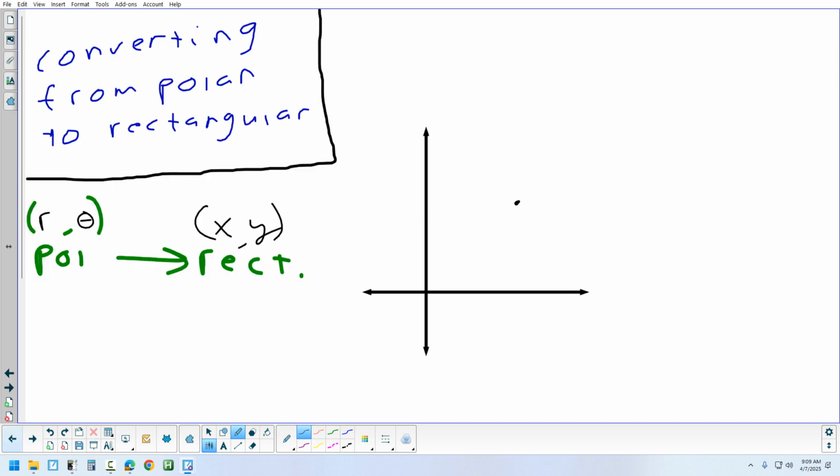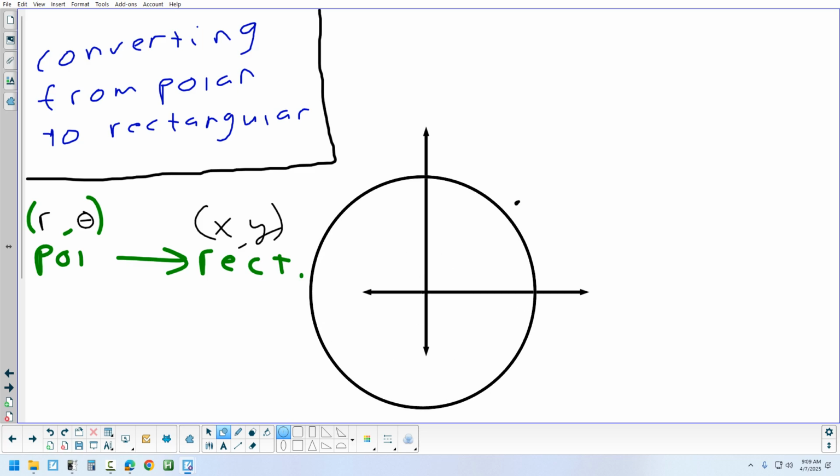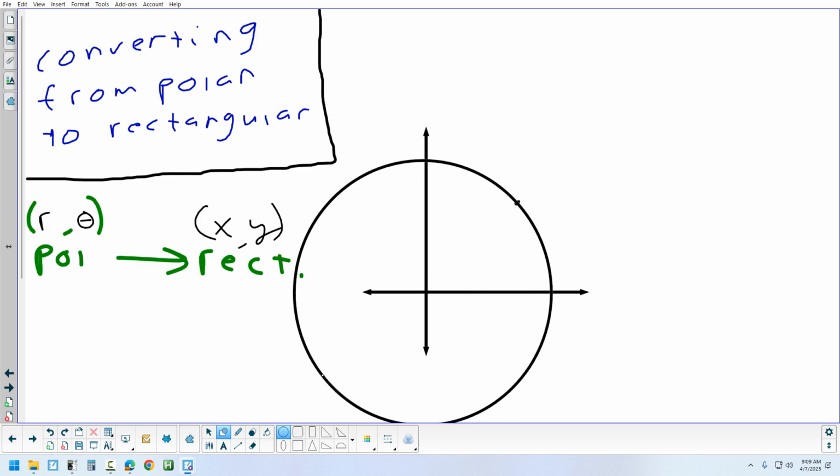All right, so let's draw it out. Let's say we have a circle, just like that. And R, remember that's the distance to the pole. That's my R right there. And theta is how much I rotated from right there.